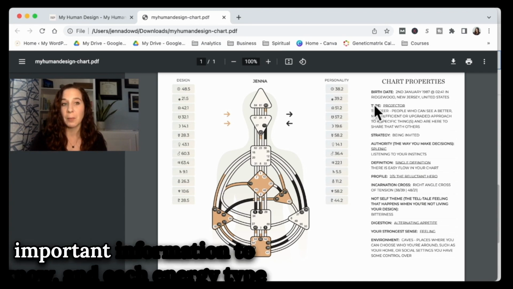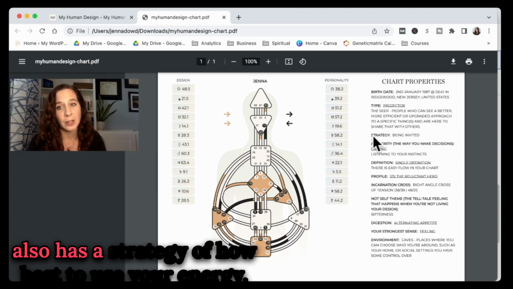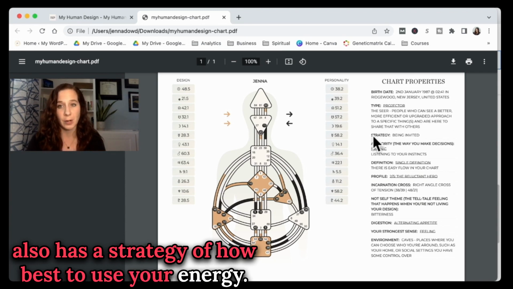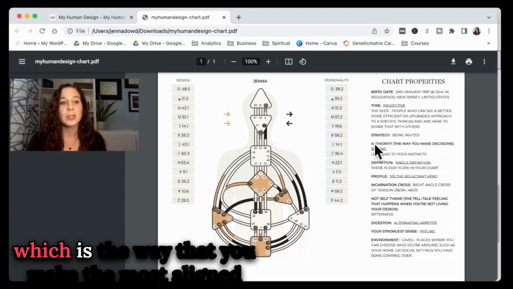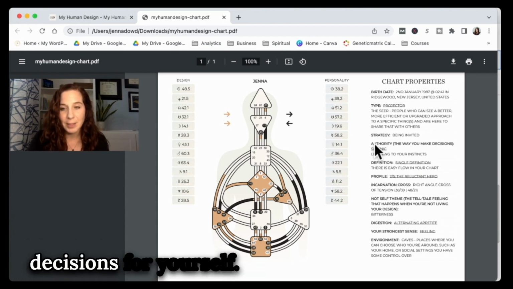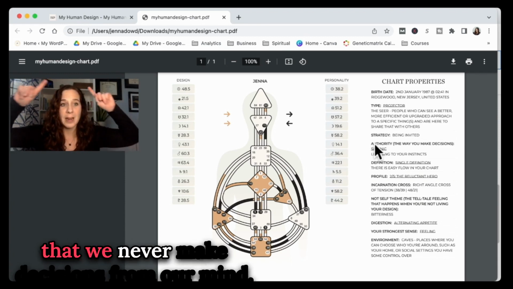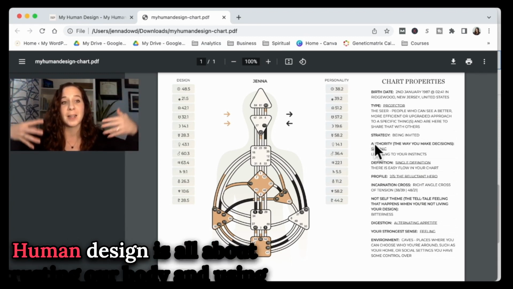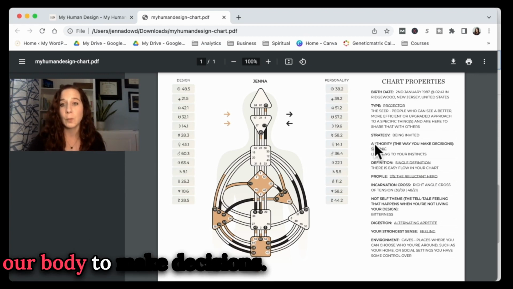So that is very important information to know. And each energy type also has a strategy of how best to use your energy. Then you go down here and you have authority, which is the way that you make the most aligned decisions for yourself. And the most important thing to know here is that we never make decisions from our mind. Human design is all about trusting our body and using our body to make decisions.